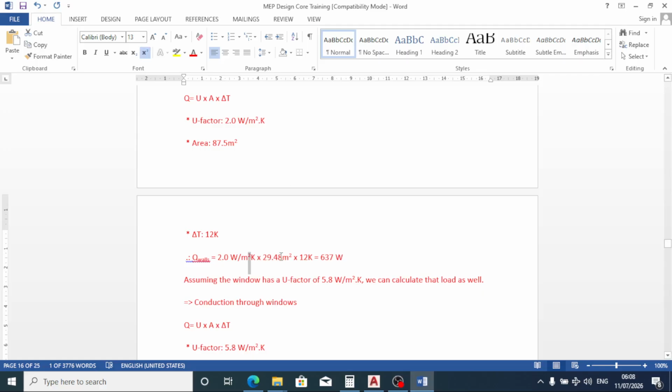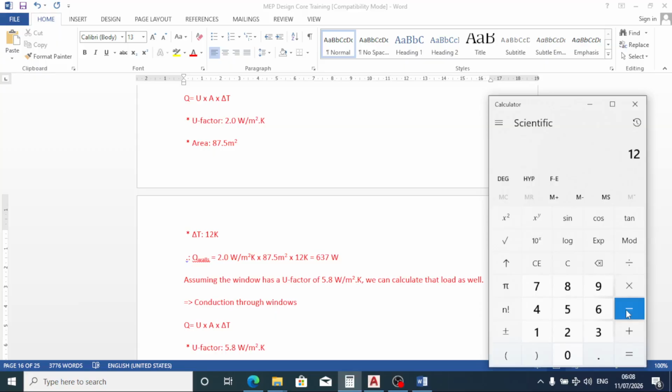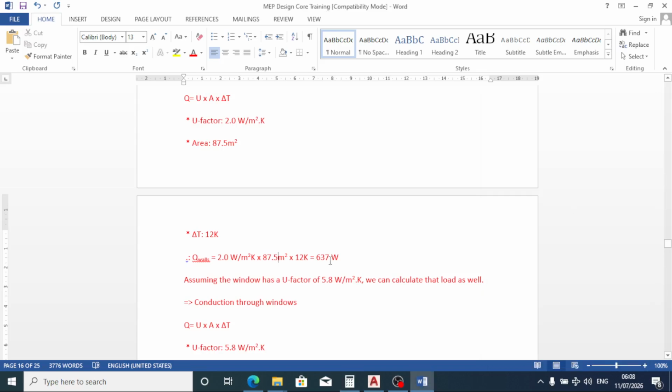I'm just putting the units so that it will be very clear. So we are having 2100 watts. That is for our wall conduction.